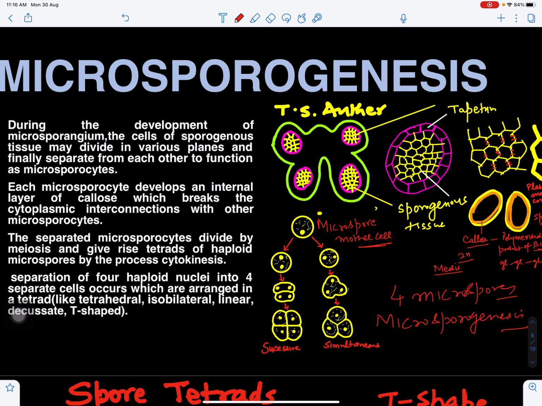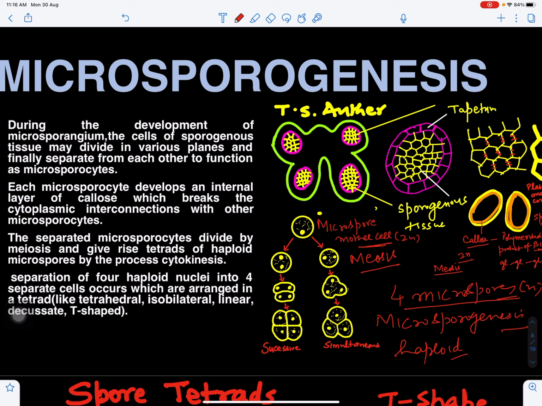So, formation of the spore mother cell, and formation of microspores from the spore mother cell after meiotic cell division, that is after meiosis. Now this spore mother cell is diploid, but after meiosis, when four microspores are produced, they will be haploid in genetic constitution, and this whole process is called microsporogenesis.